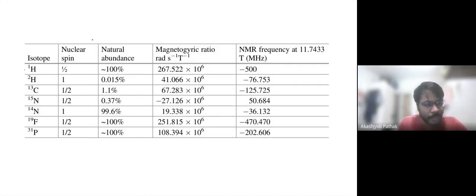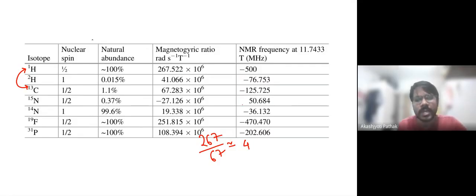One important relation to note over here is that the proton and carbon have gyromagnetic ratios which differ by a factor of 4. The gyromagnetic ratio of carbon 13 is 4 times lesser than that of the proton. If you divide 267 by 67, you will approximately get a value of 4.